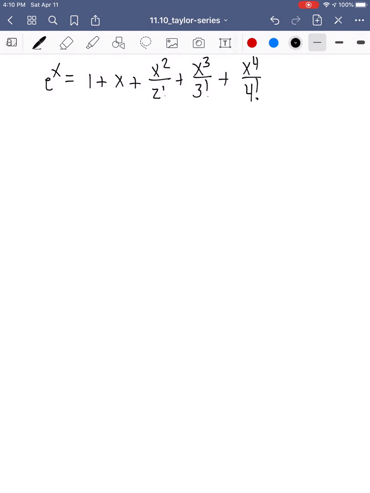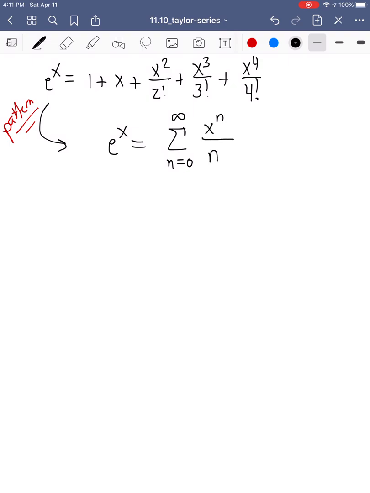And we could very compactly rewrite this as e to the x equal to the infinite sum. Again, this is picking up on a pattern here, so we could write this in a compact series notation. It looks like the nth term is just going to be x to the n power all over n factorial.